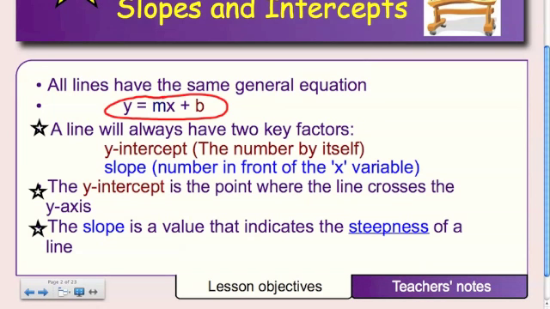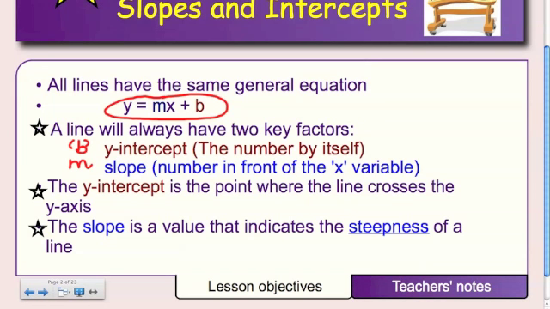So when there is a linear relationship between your x and your y coordinates, where your first differences are the same, we will be using this equation, y is equal to mx plus b. And we can break this up into b, our y-intercept. This is the b term. And our slope, which is represented by the letter m, the number in front of the x variable.